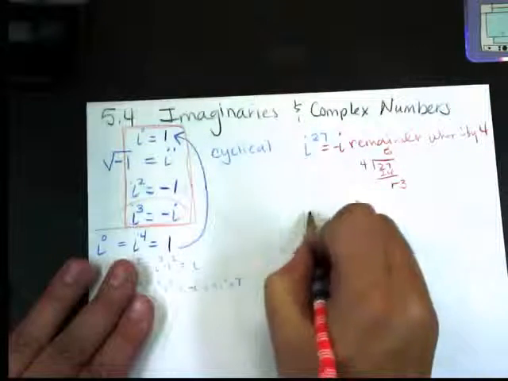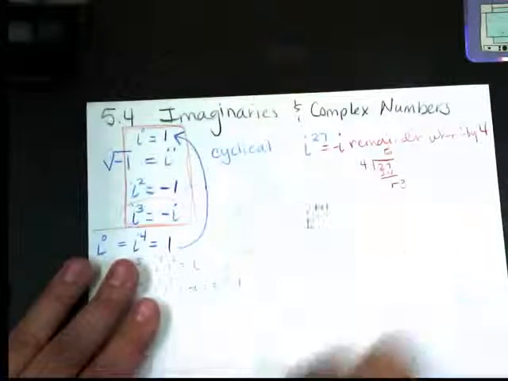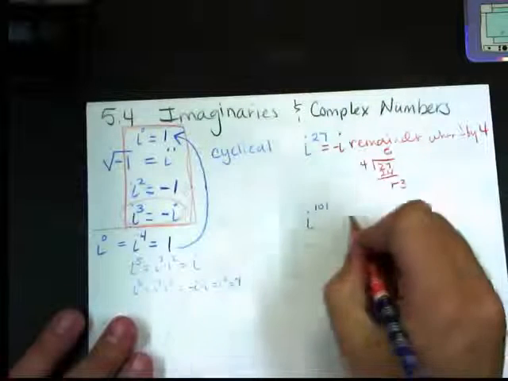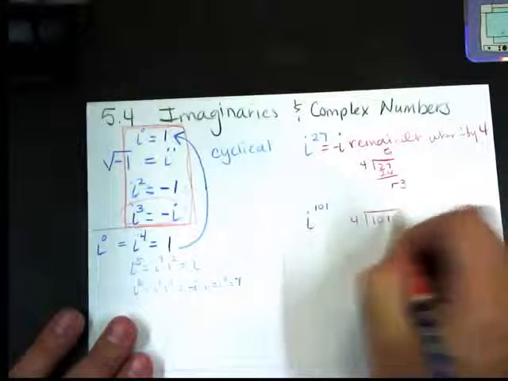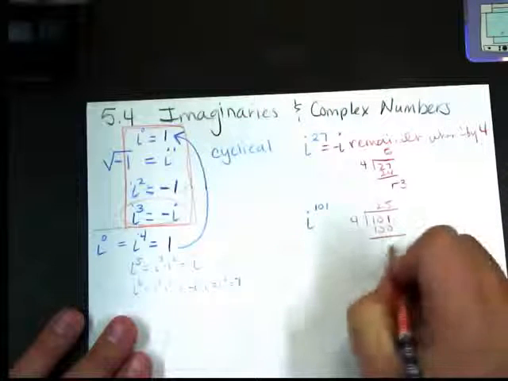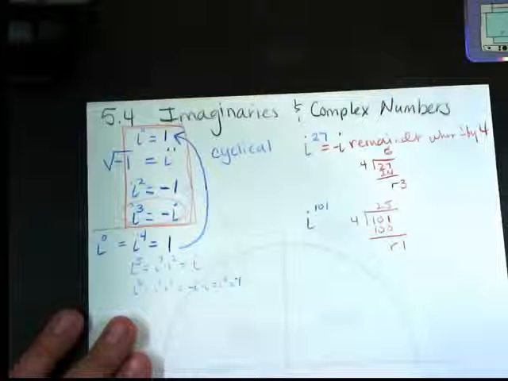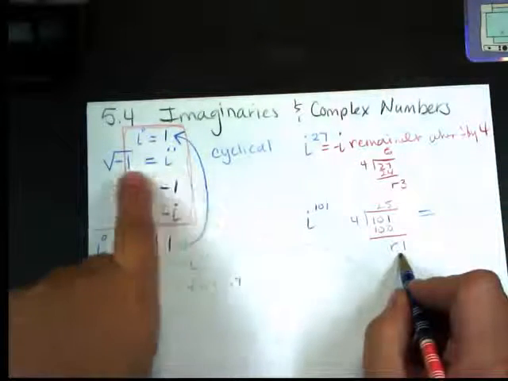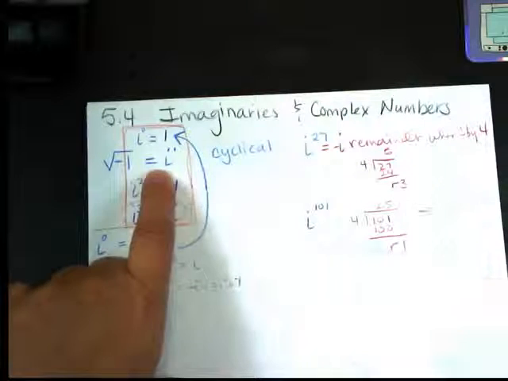All right, so what about i^101? Well, how many 4s go into 101? We really don't care, but there's 25 of them. What we care about is the remainder is 1. So i^101 has 1, so that's just i.